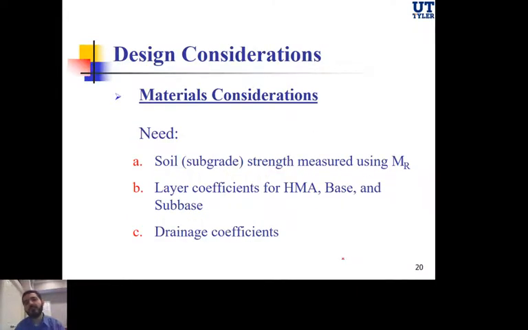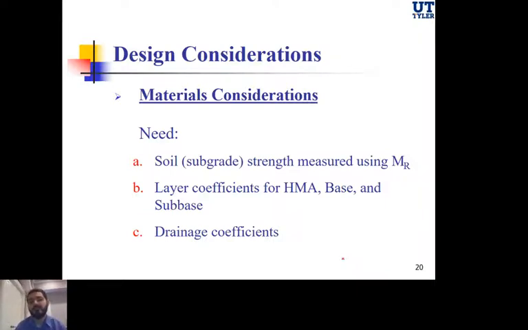When it comes to the material considerations, so far we talked about serviceability index, PT, terminal serviceability, initial serviceability. We talked about traffic. Let's talk about materials and how we are going to use the materials in this nomograph next lecture.